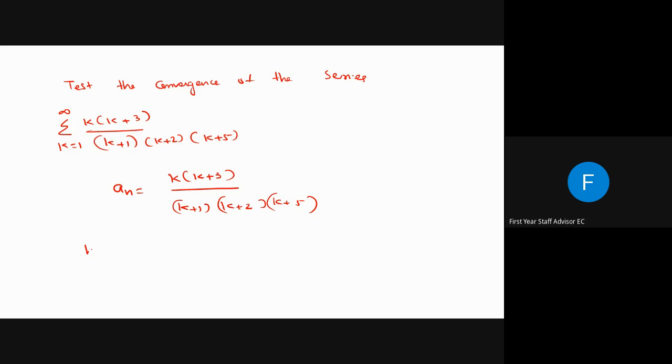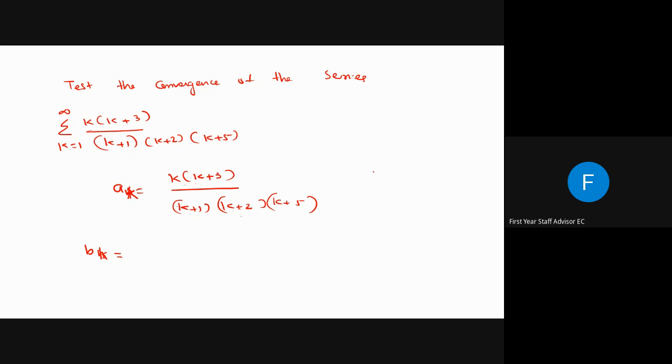Here the variable is k, so we use ak and bk. For bk, we take the degree of the denominator minus the degree of the numerator. Here the degree of the denominator is 3, because k into k into k is the biggest degree.